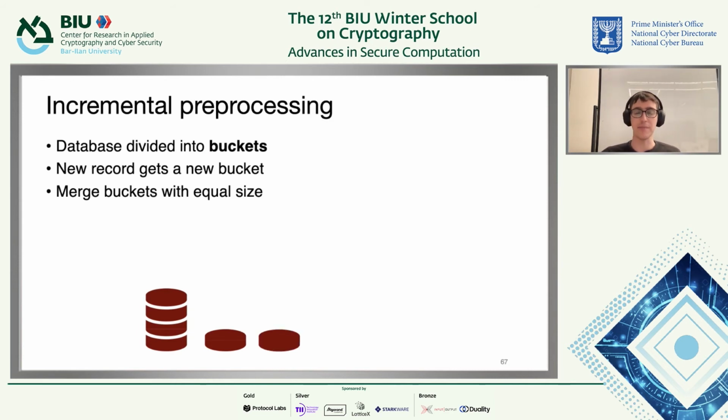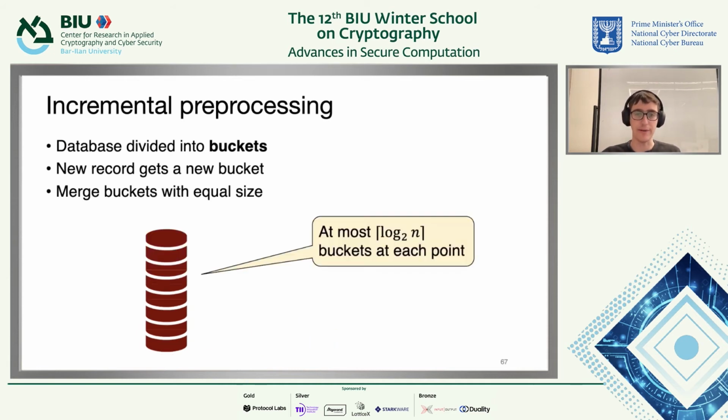Then maybe another record comes in, another bucket, and two of them are of the same size, so you merge them. You keep going like that basically forever, as long as you're managing your database. The observation is that, because of this merging rule, at each point in time we have at most a logarithmic number of buckets, because we double the size every time and there's at most one of each size.